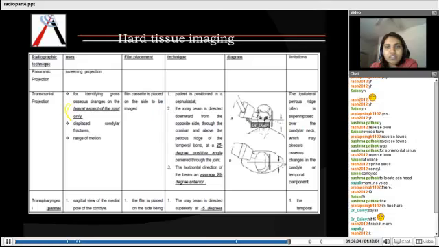The film cassette is placed on the side to be imaged. So look at the film over here. Look at its relation in this direction. The patient is positioned in a cephalostat, so the patient is totally straight and so is the film cassette. The X-ray beam is directed downwards from the opposite side through the cranium and above the petrous ridge of the temporal bone at 25 degrees positive angle, centered through the joint.